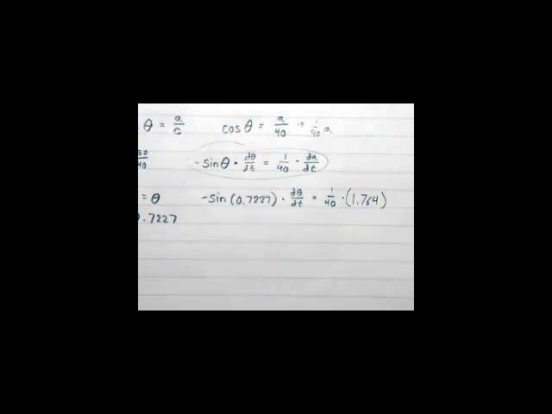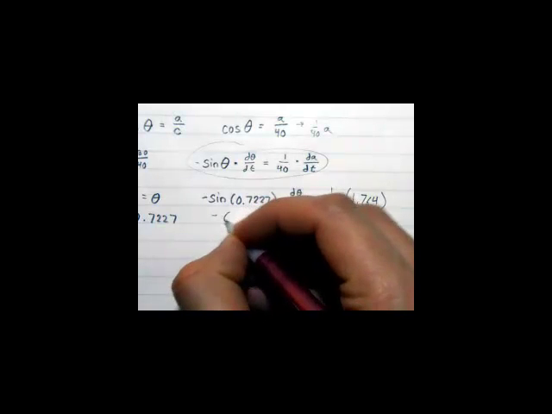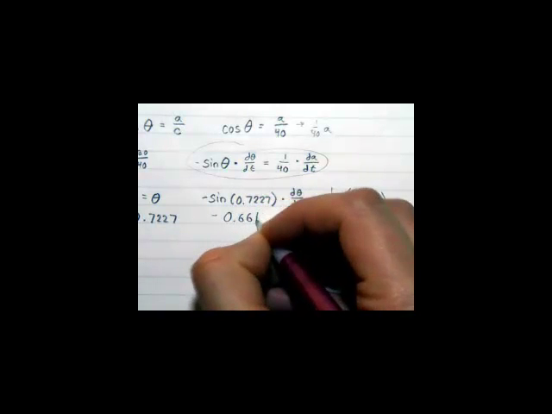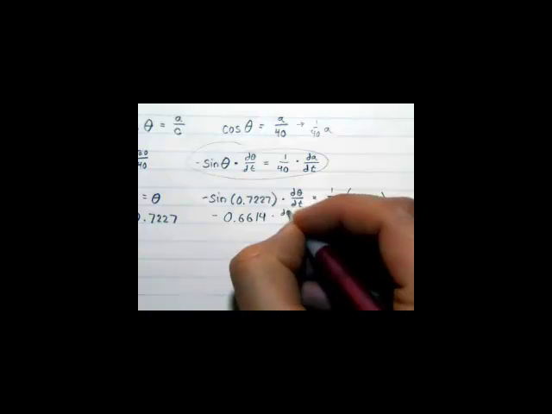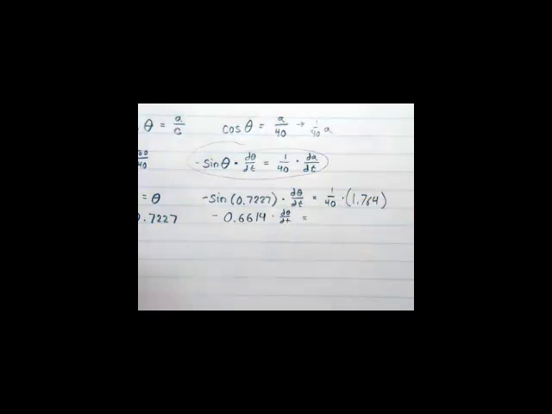So negative sine of 0.7227, I get negative 0.6614. And then 1.764 times 1/40th.